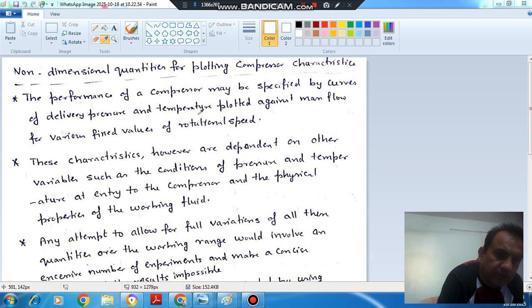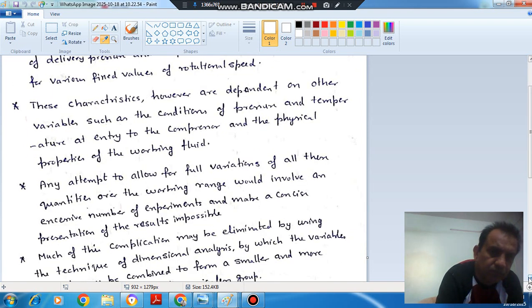But if we take delivery temperature and intake temperature separately, then there are two variables. So by the dimensionless technique, we are reducing the number of variables. By doing this, we will draw only two sets of characteristics to represent compressor characteristics.